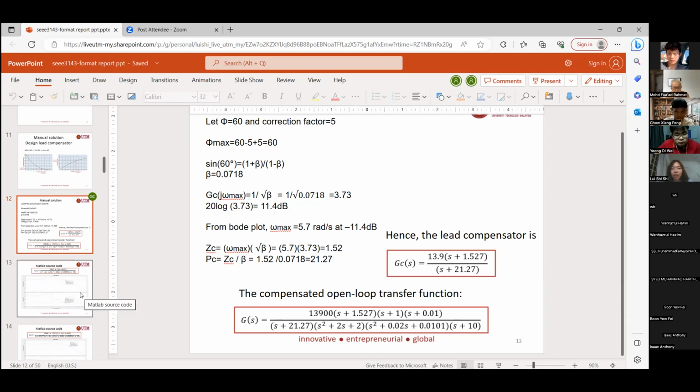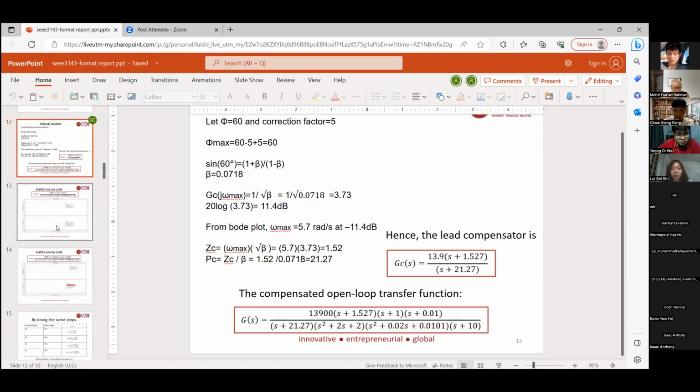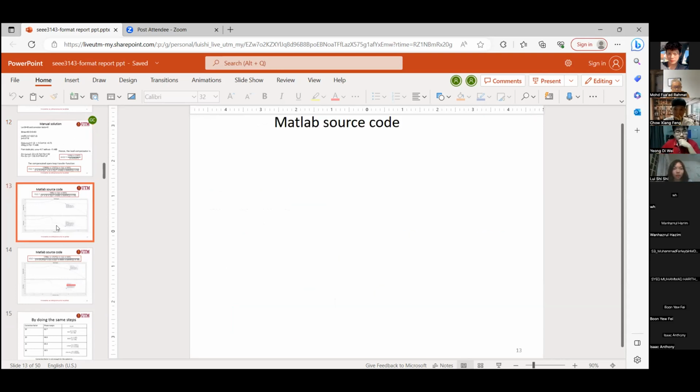Then we can generate our lead compensator function, which is 13.9 times (S plus 1.527) divided by (S plus 21.27). Then we got our compensated open loop transfer function, which is this equation. So next.